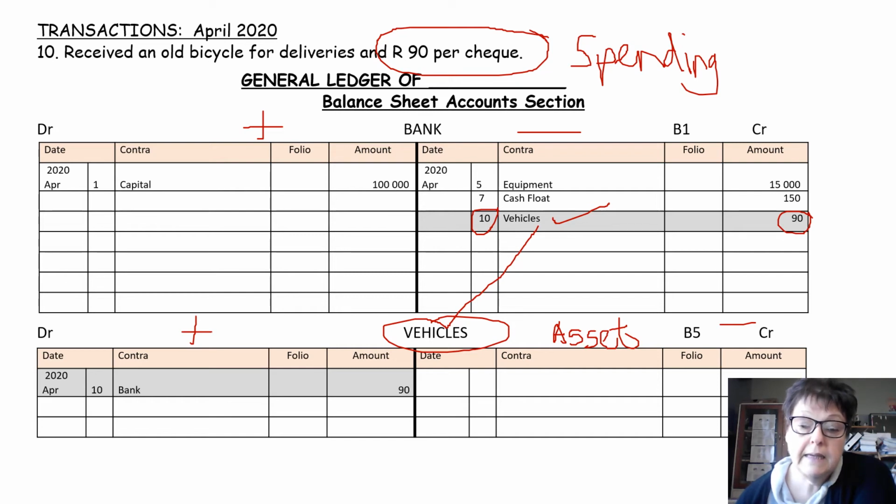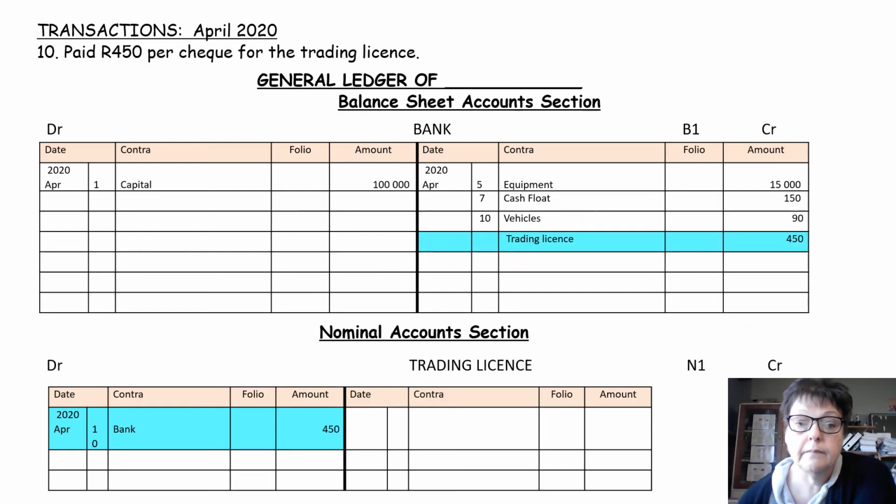We are receiving the vehicle 2020 April the 10th. The amount that we spent on that vehicle is 90 Rand, and where did the money come from? From the bank. Again, 1 transaction, 2 accounts. Money in the bank decreases on the credit side. Vehicles being an asset will increase on the debit side.